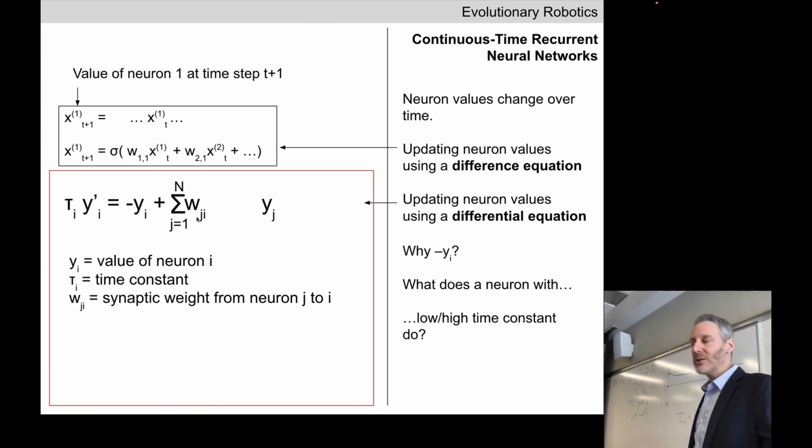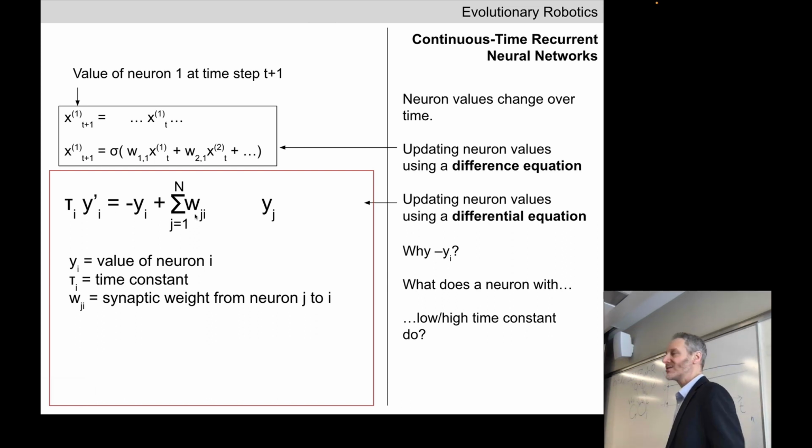If all of these W's for one of the neurons are 0, then the neuron behaves the way we drew it before. What this neuron does if some of these W's are non-zero is hard to draw on the board, because there are a lot of things influencing how y sub i changes over time.